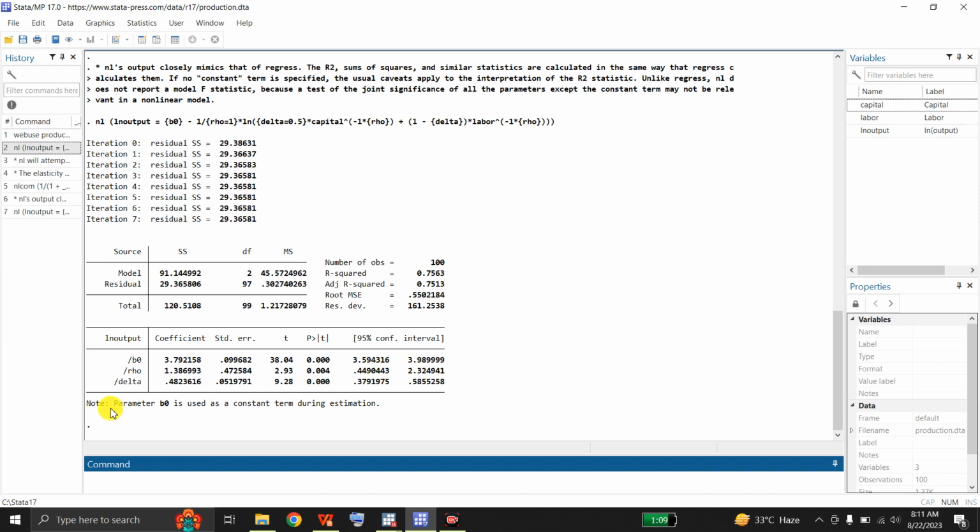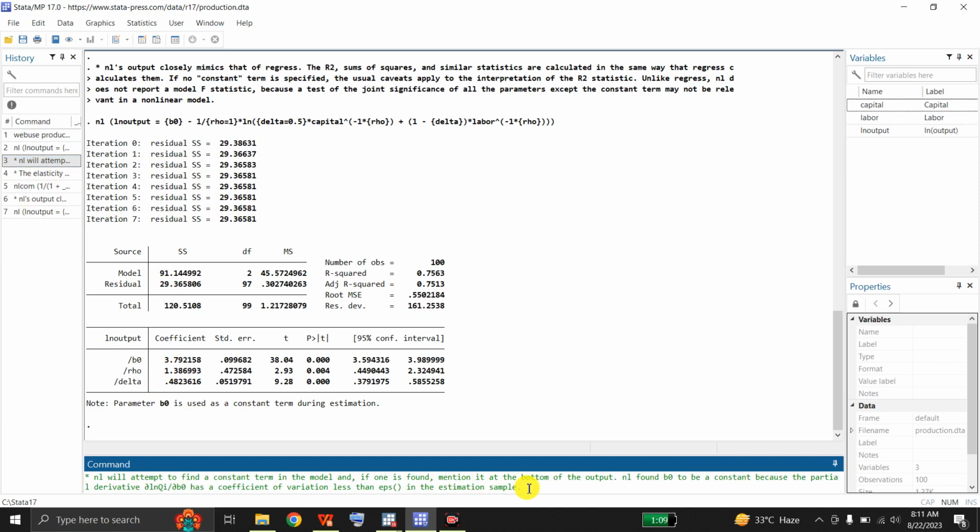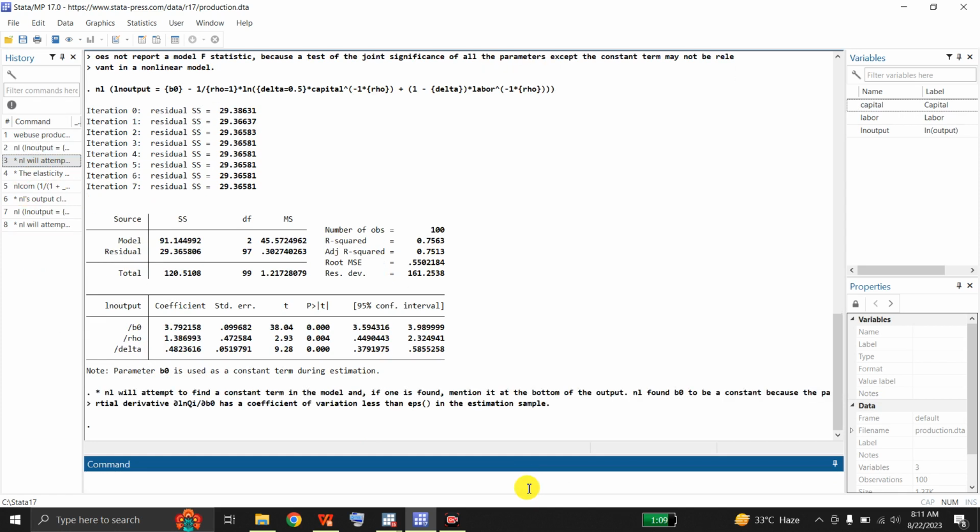Now in the note it says that parameter beta naught is used as a constant term during the estimation. Let me also explain this a bit. The command nl, that is nonlinear least squares estimation, will attempt to find a constant term in the model, and if one is found, it is mentioned at the bottom of the output like this.